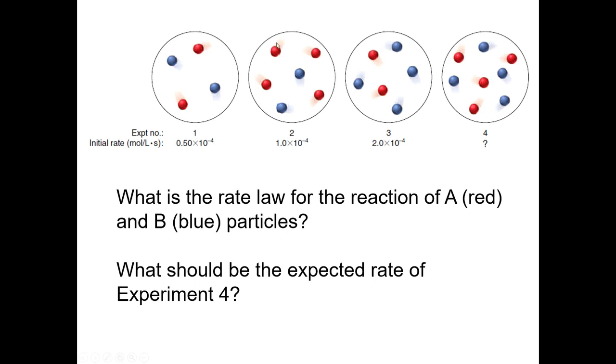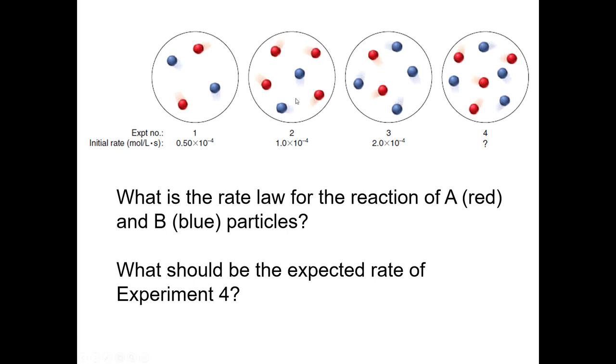So if I want to know the reactant order of A, the red ball, if I look between experiments 1 and 2, my red is doubling from 2 to 4, my blue is staying constant at 2. So this is a doubling effect for A, and if I look at my rate information, my rate is also doubling. So doubling concentration of A doubles the rate, so A should be first order.